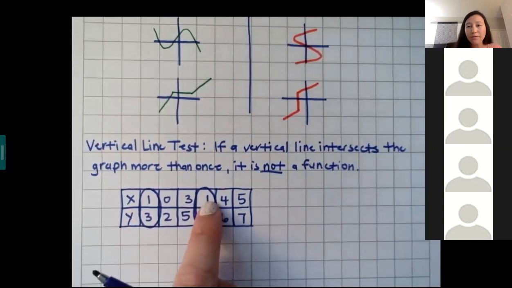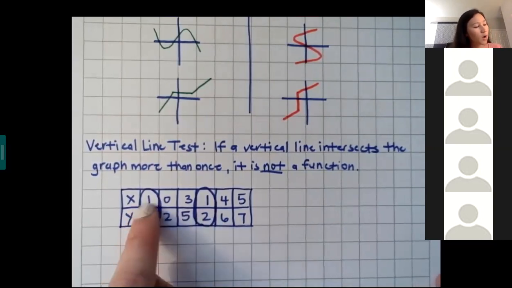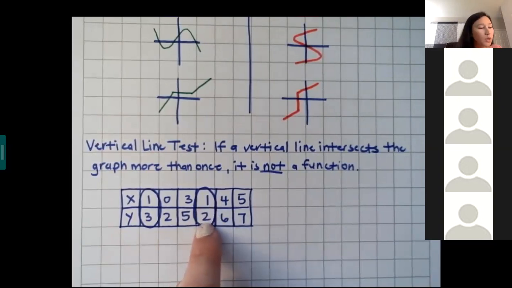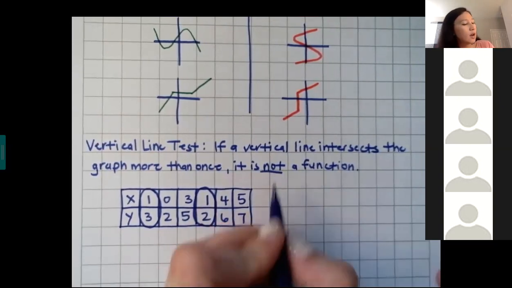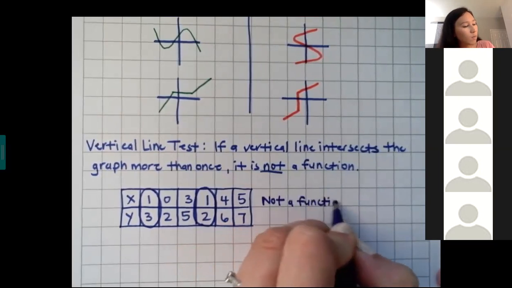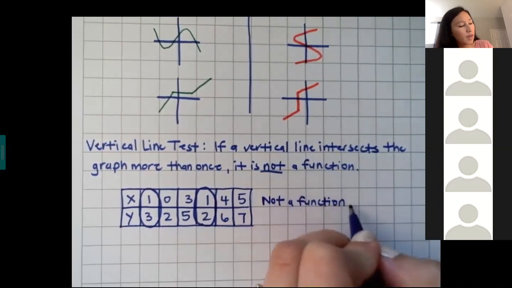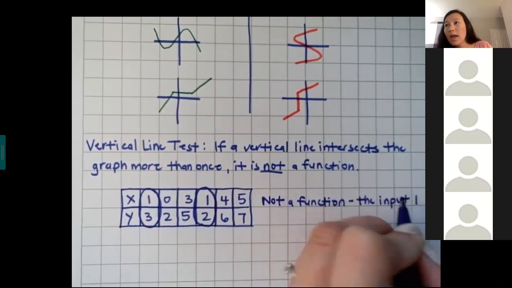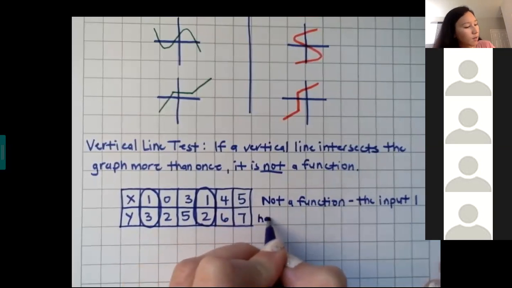However, they have to have the same Y value in order to be a function. If we look at the Y values, when X is 1, this time Y was 3, it changed. When X was 1 here, Y was 2. So that tells us that it is not a function, because the input 1 has 2 different outputs.